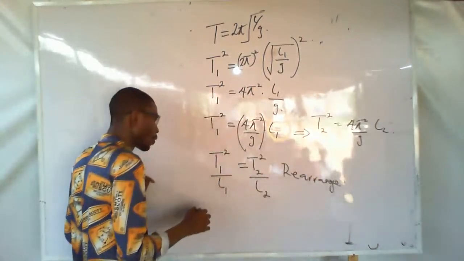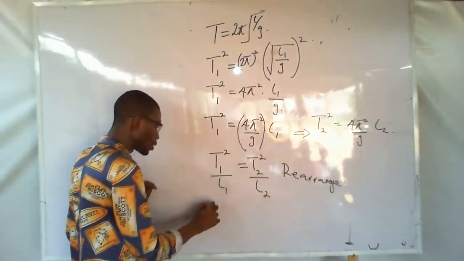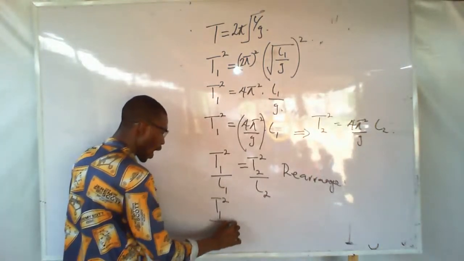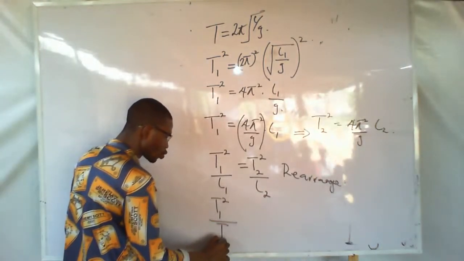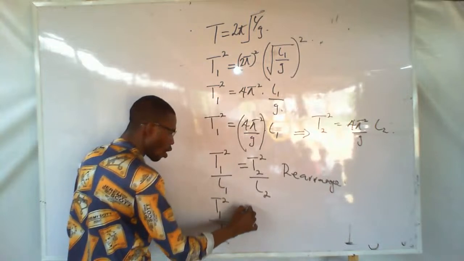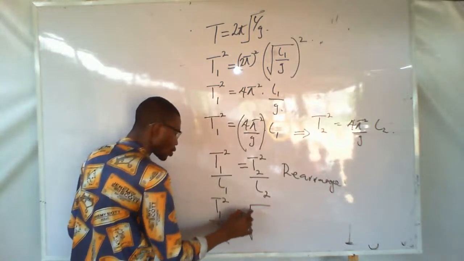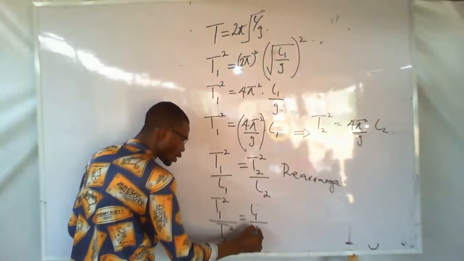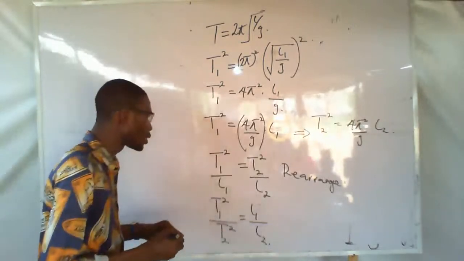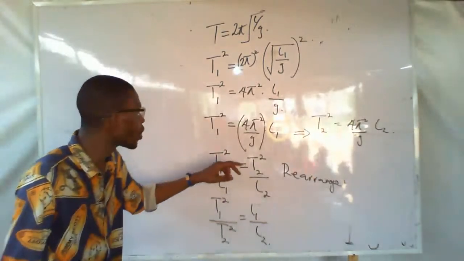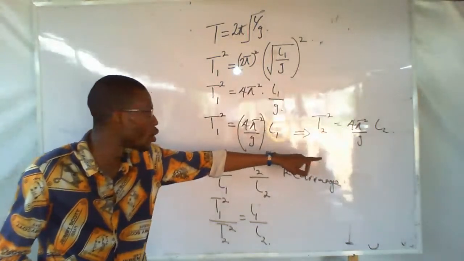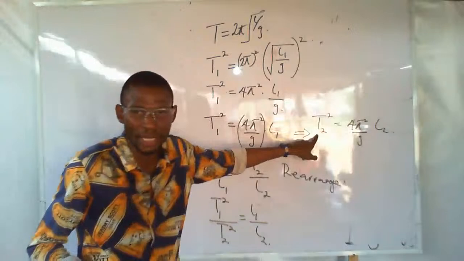If I rearrange, I'm going to get T1 square over T2 square equals L1 over L2. If you divide all through, this one will appear over this.